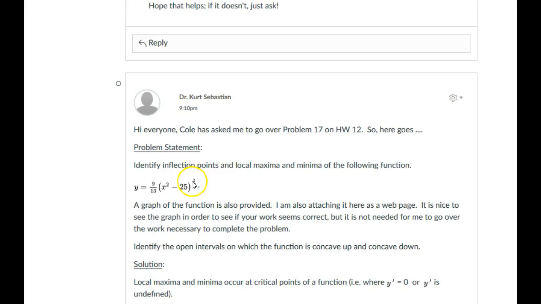So 50 squared. Cube root of 50 squared. Let's see, is that an easy number? It doesn't seem like it's going to be an easy number, does it? So let's see, 50 squared is 50 times 50, which is 25 times 2 times 25 times 2. Doesn't seem like it's going to be an easy number for me to just figure out, is it?